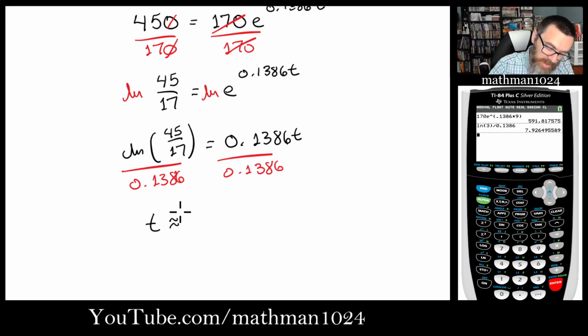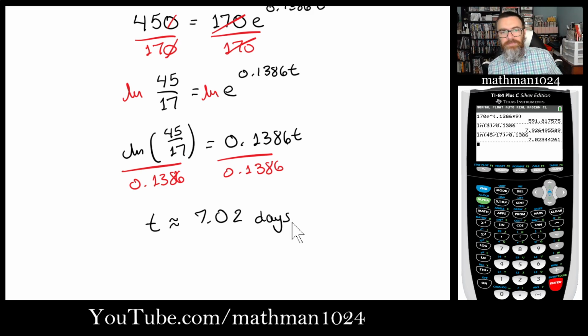So my time is approximately, so what do we have? We have natural log 45 divided by 17 divided by 0.1386. So the time is about 7.02 days.